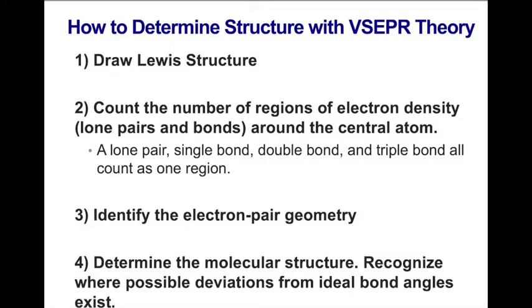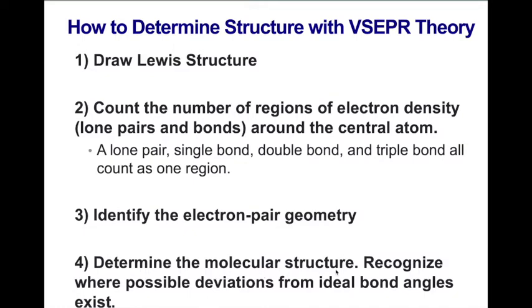So in terms of those electron clouds or electron regions, as I said earlier, we consider each one of these, whether it's a lone pair or some kind of bond, doesn't matter what kind of bond, as one region. That allows us to identify the electron pair geometry. And then from there, the most important thing is to take the final step and determine the molecular structure.